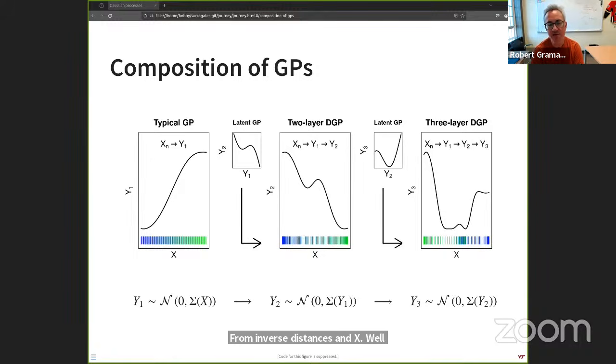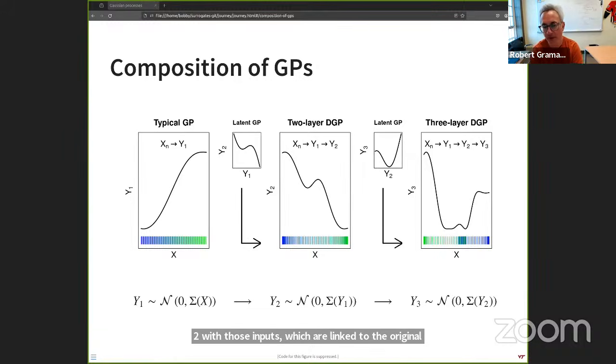Now if I take those y's and make them inputs to another Gaussian process, this is the smaller latent Gaussian process figure between the first and the middle panel. So I'm sticking those y1s as inputs into another Gaussian process and generating a second set of y's, y2, with those inputs, which are linked to the original inputs x through the y1 value.